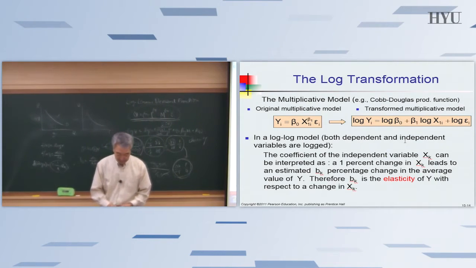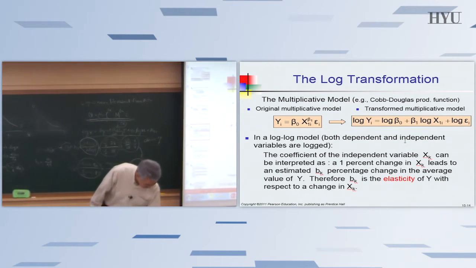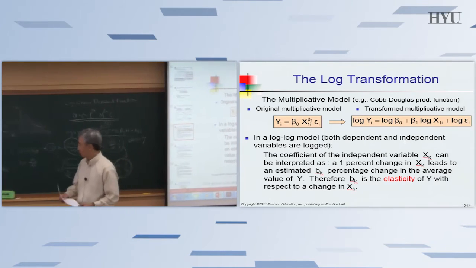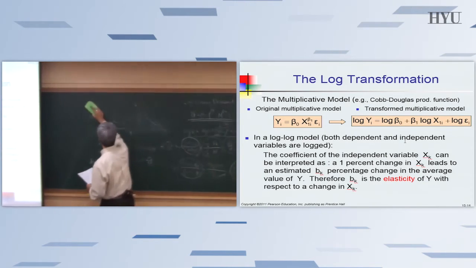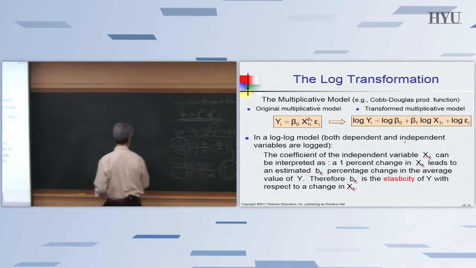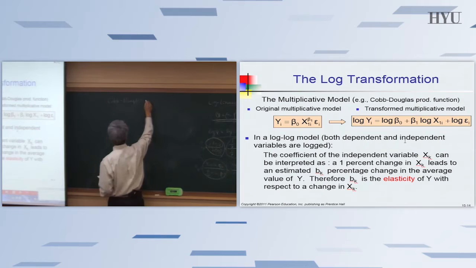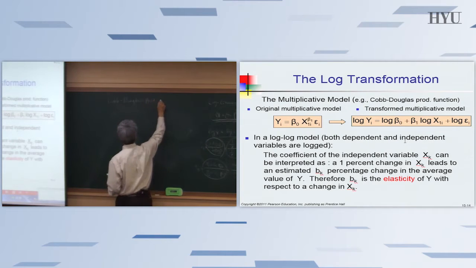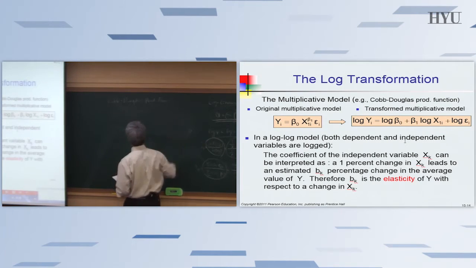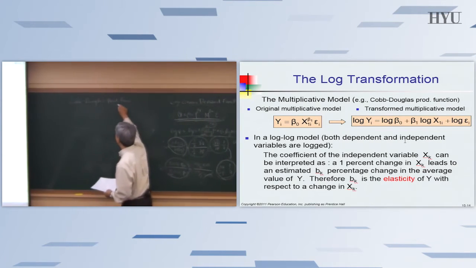The functional form of the Cobb-Douglas production function. Last class I gave you the concept of the production function.